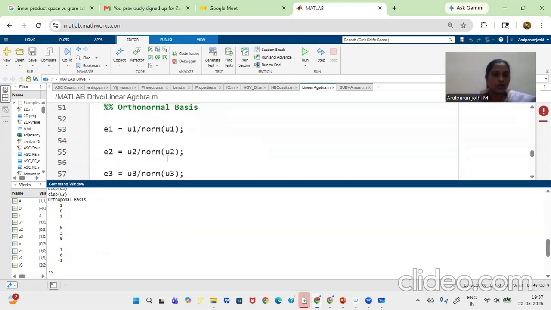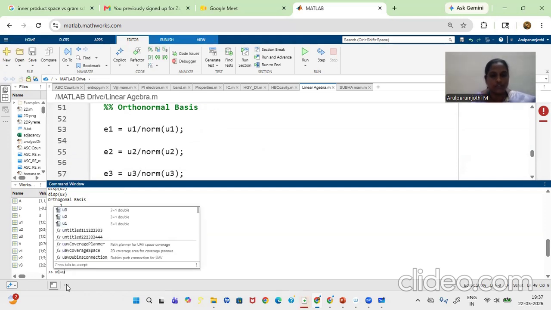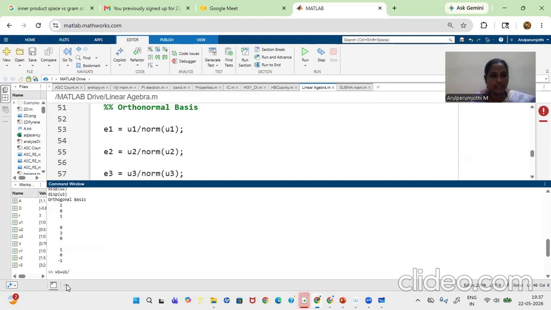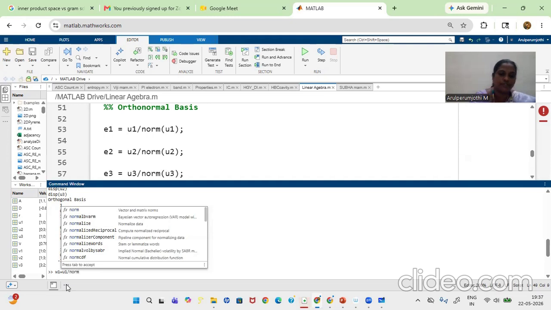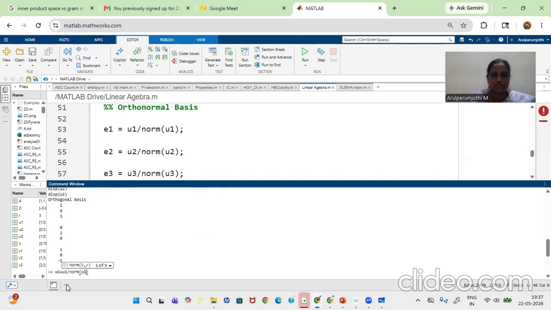Next, the orthonormal basis. Here they are representing E1, but we have already used W1, so you take it as W1. W1 is equal to U1 divided by the norm of U1. Use the formula norm of U1, and then put a semicolon.